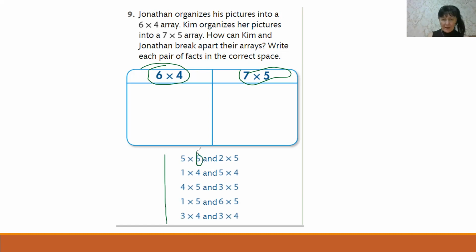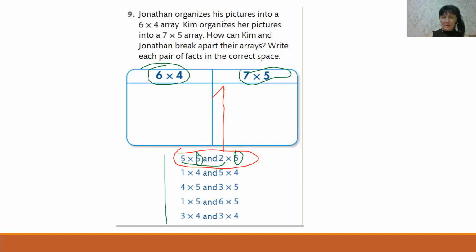I have here 5, here 5, and 5 plus 2 is going to be 7. So I have here 7 times 5. So that means that this one goes here, but you need to write, okay? You need to write. I'm not writing. You are writing.